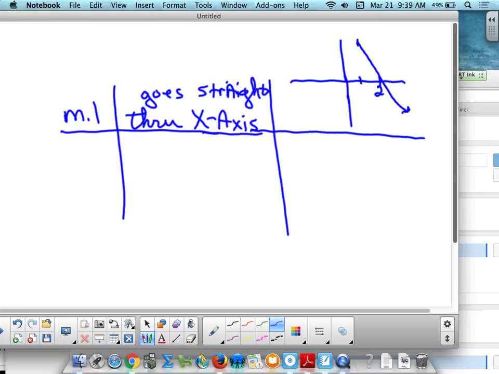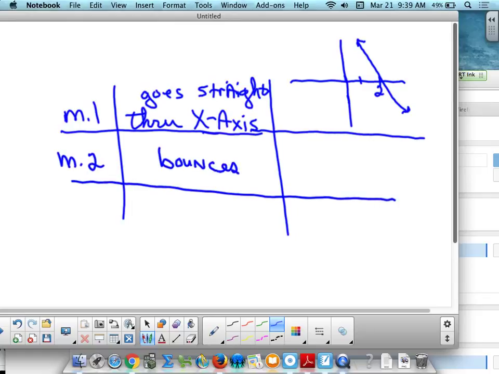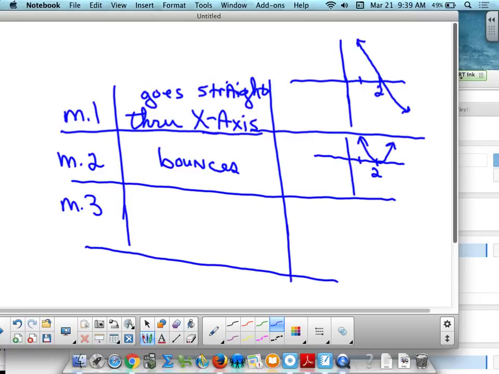Where are you supposed to draw this? You draw it wherever you want, off to the right. How about multiplicity of 2? That's a bounce. So draw a picture like this. At 2, it comes down and bounces. Multiplicity of 3 goes what?